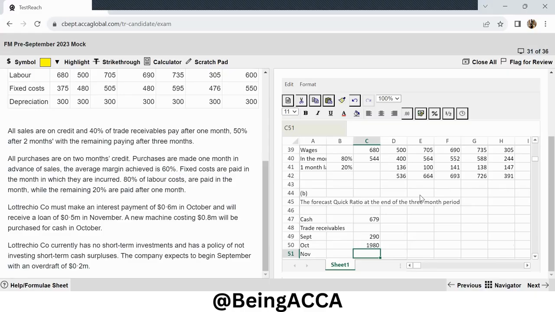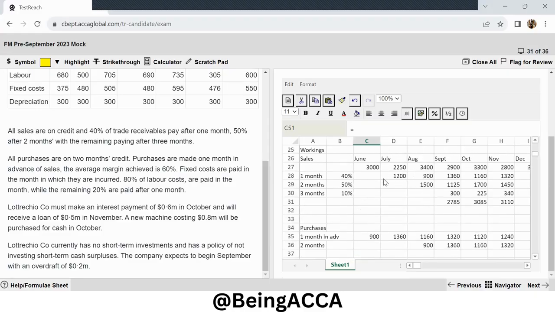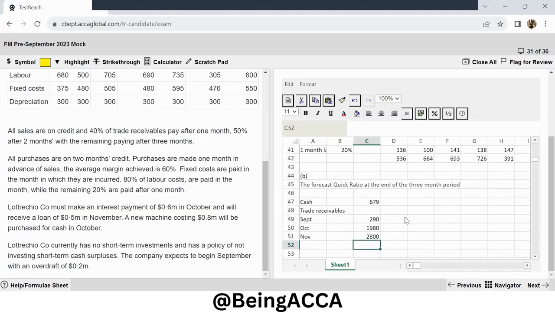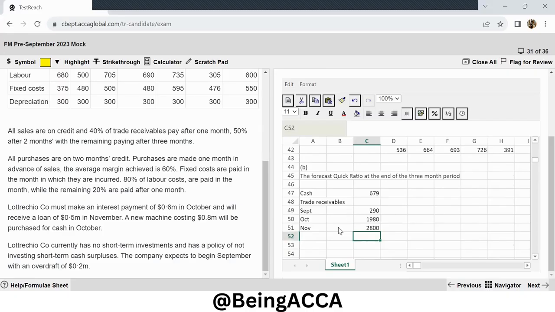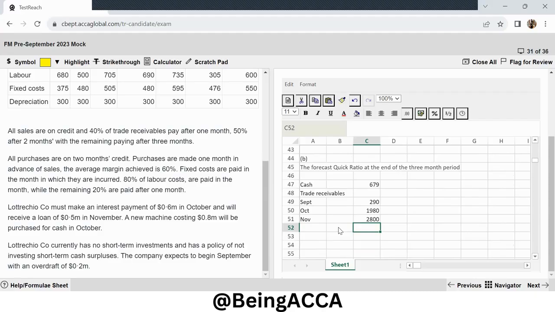And then for November sales, 100% are going to be my receivables, because for the month of November, I have not received anything yet, because all of them start to pay either 1 month later. So for November, I will have my entire 2800 as receivables. So this is my total. Now I can sum this up to find out my total quick assets. So this comes out to be this much.